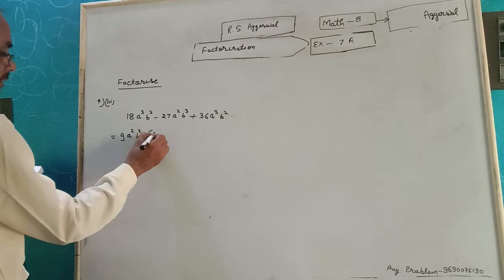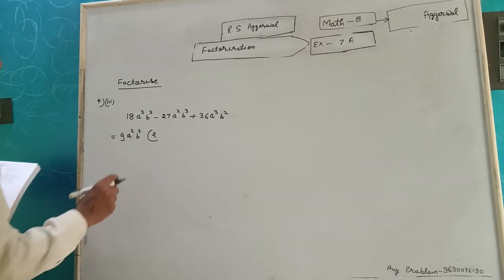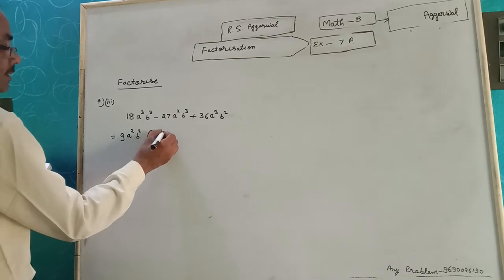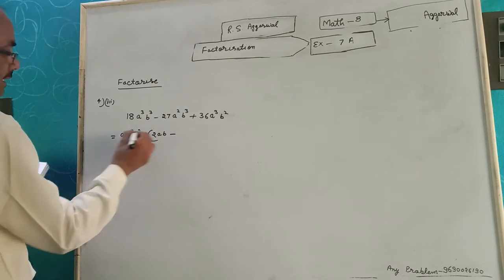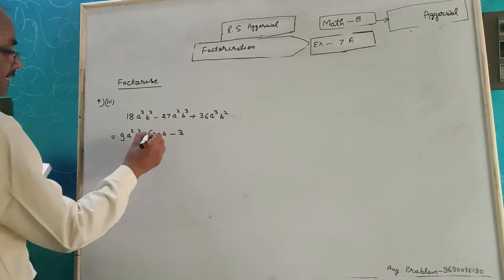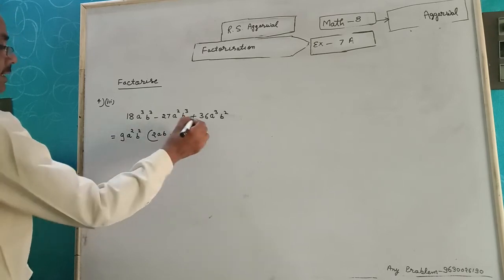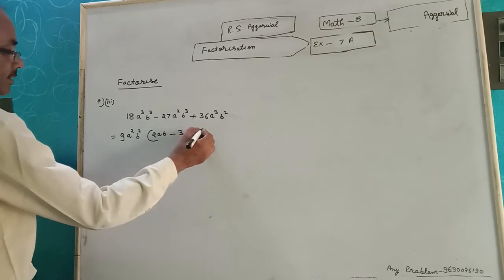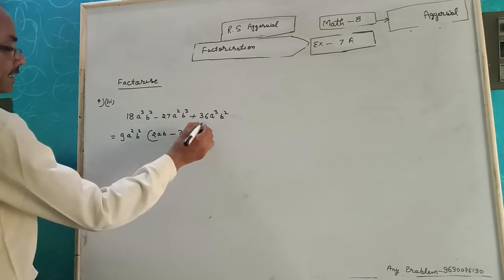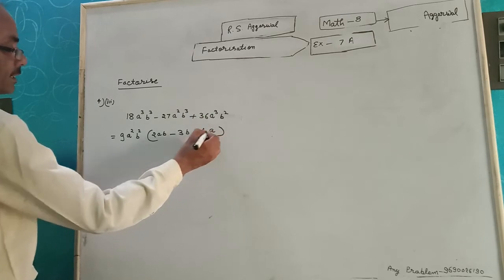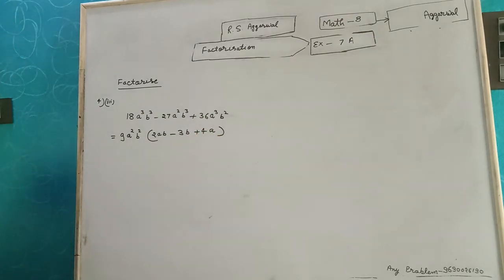After dividing, 2 times 9 is 18, ab minus 9 times 3 is 27, b plus 9 times 4 is 36, remain is a. Bracket close. Question 4, third part is complete.